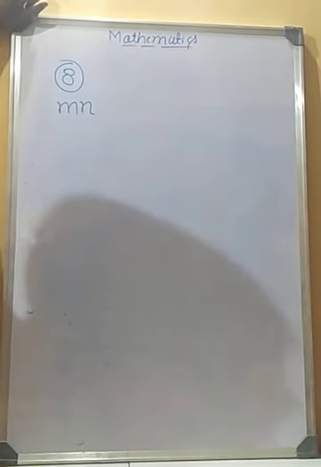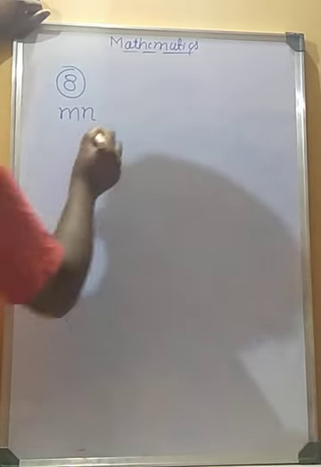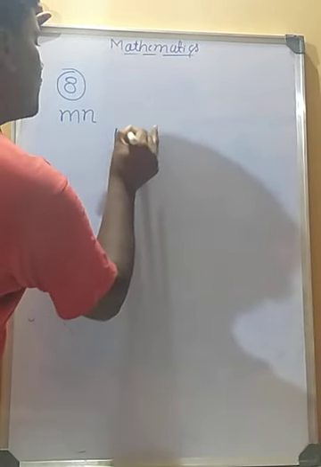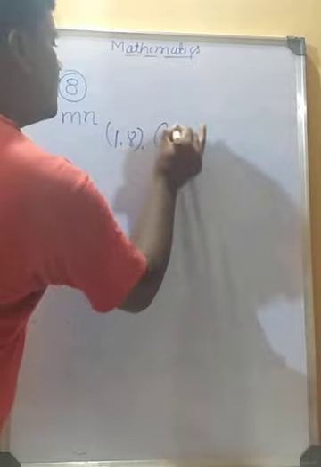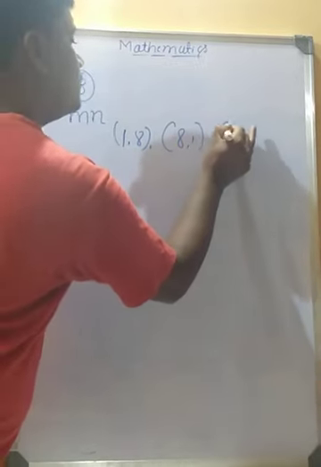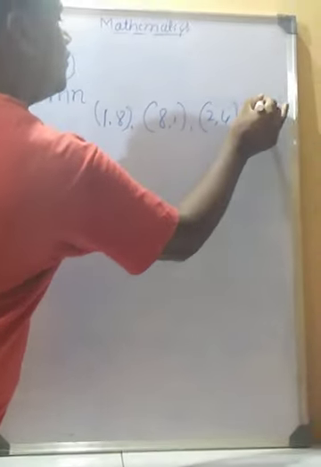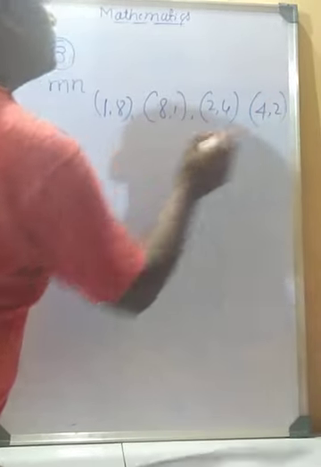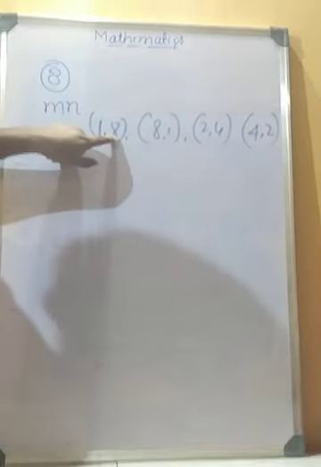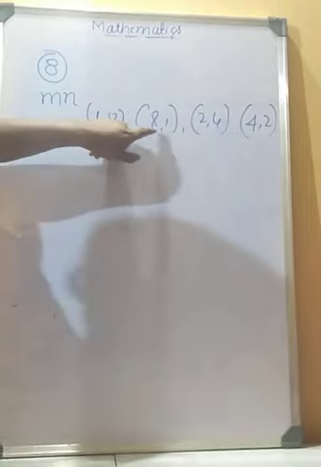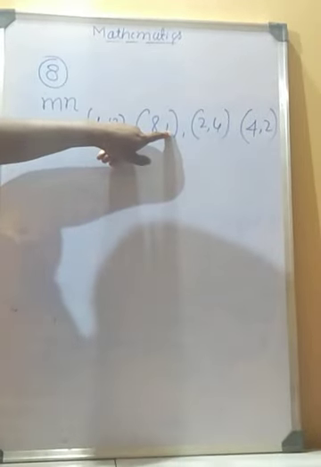Thus, all the possible ordered pairs are (1, 8), (8, 1), (2, 4), and (4, 2). 1 into 8 is 8, 8 into 1 is 8, 2 fours are 8, 4 twos are also 8.